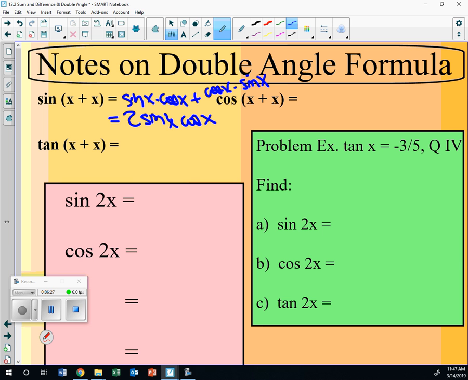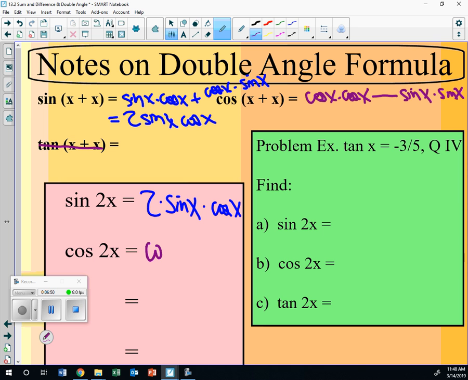I like to just write it here: 2 times sine of x times the cosine of x. Another one we might be interested in is cosine of x plus x, which is the cosine of the first times the cosine of the second minus the sine of the first times the sine of the second, and that is cosine squared x minus sine squared x.